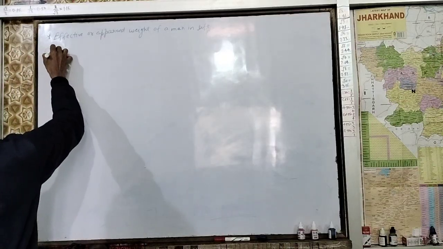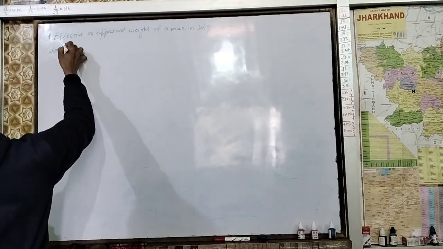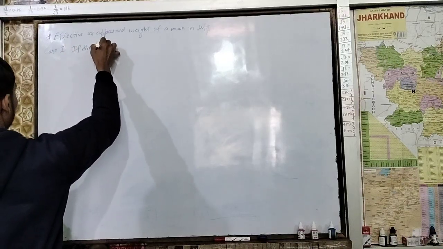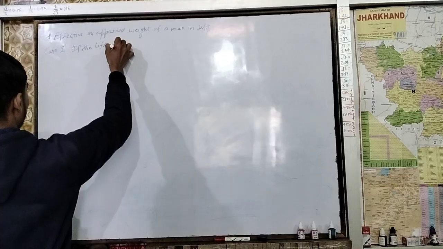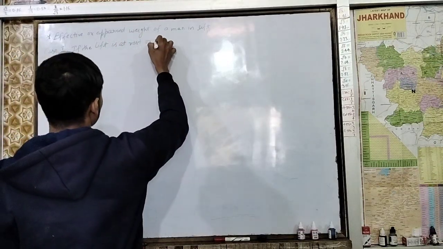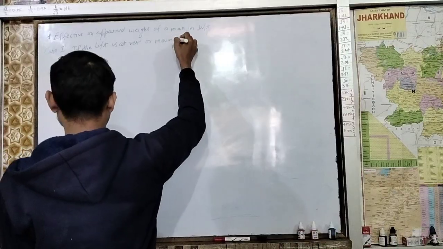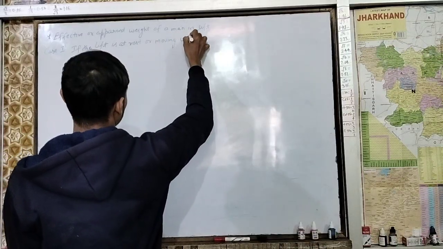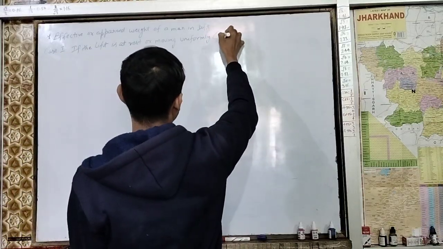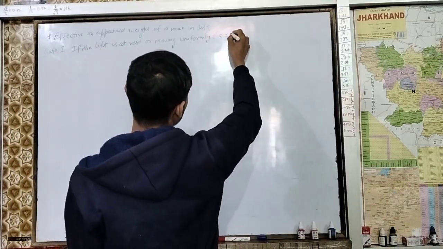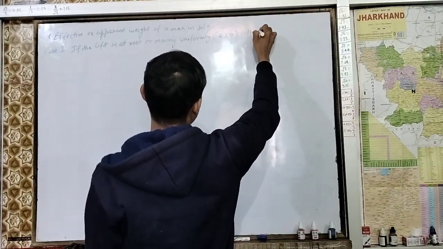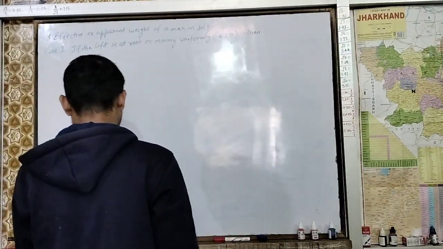So case number 1 is, if the lift is at rest or moving uniformly. Uniformly means acceleration is 0, velocity is constant. Then what would be the weight of the man in the lift?